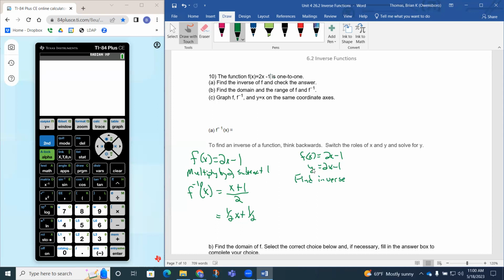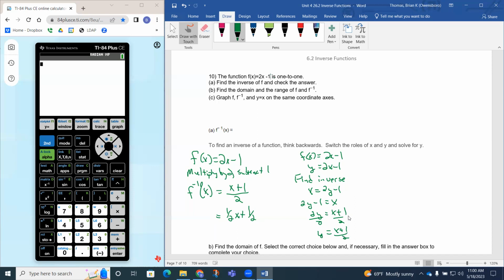So the y has got to turn into an x, and the x has got to turn into a y. So we would have 2y minus 1 is equal to x. We would add 1 to both sides, 2y would equal x plus 1. Then we would divide both sides by 2, and y would equal x plus 1 over 2. So that's how you can do it mathematically, by switching x and y and solving for y.